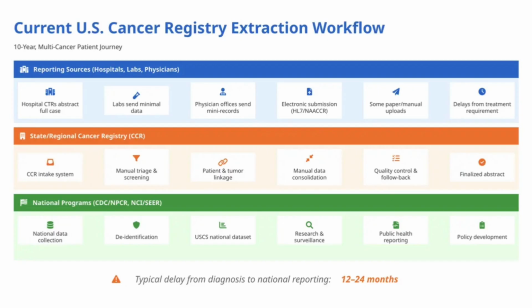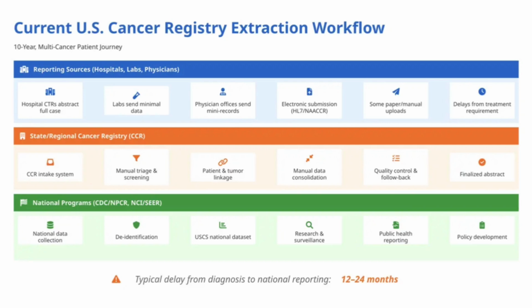The data starts at the reporting level. Reporting levels like hospitals, labs, physicians are all data providers, right? We call them reporting level. They send all this data to state level central registries, and then it's finally consolidated nationally by programs like NPCR or SEER.